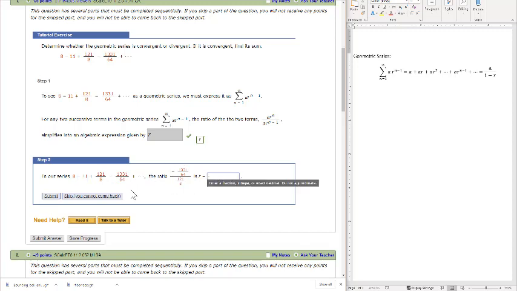First of all, I think the ratio is going to be negative because each two consecutive terms has one positive, one negative.